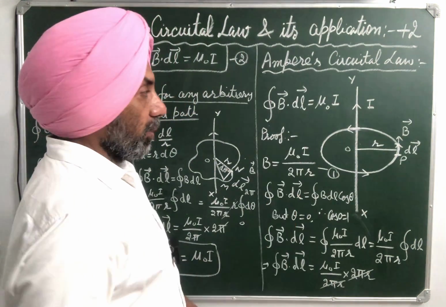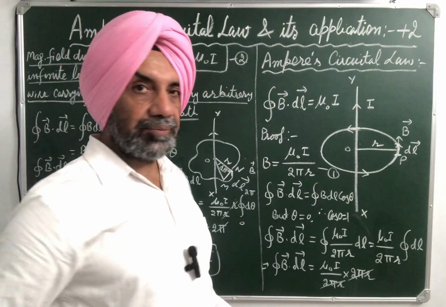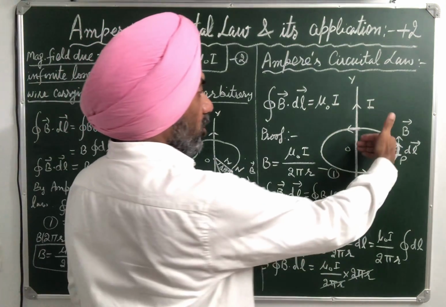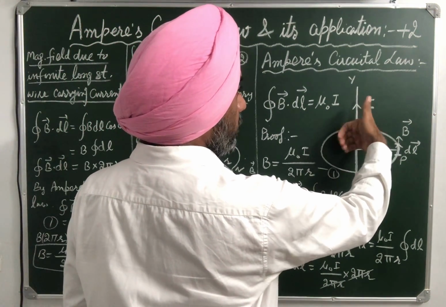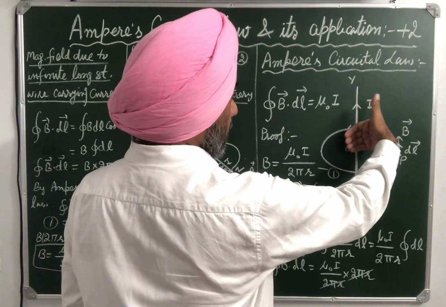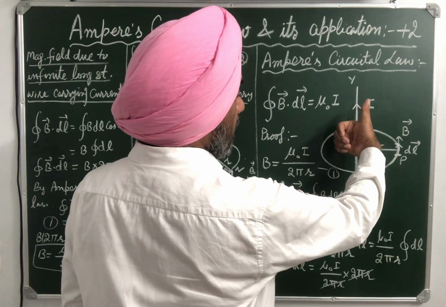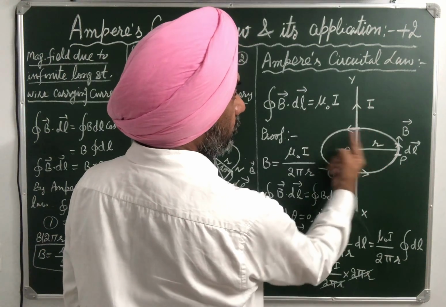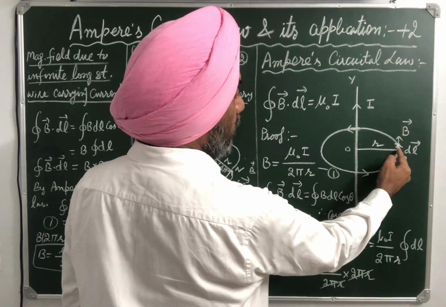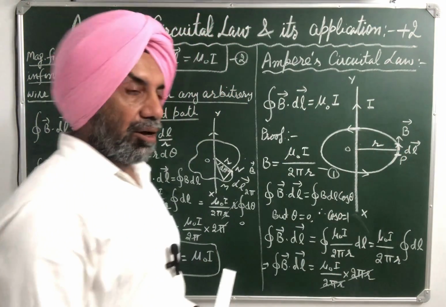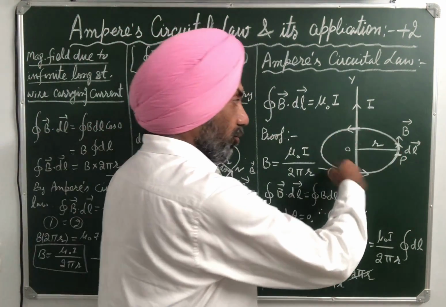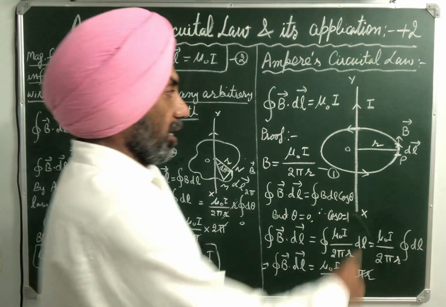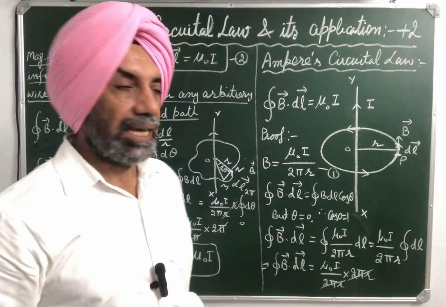Now to prove it, suppose we have a straight wire carrying current, and we know that it produces a magnetic field around it. The direction of the magnetic field is given by the right hand thumb rule. The thumb points in the direction of current and the magnetic field will circle around the wire like this. So suppose P is any point on the circular magnetic line of force having radius r.